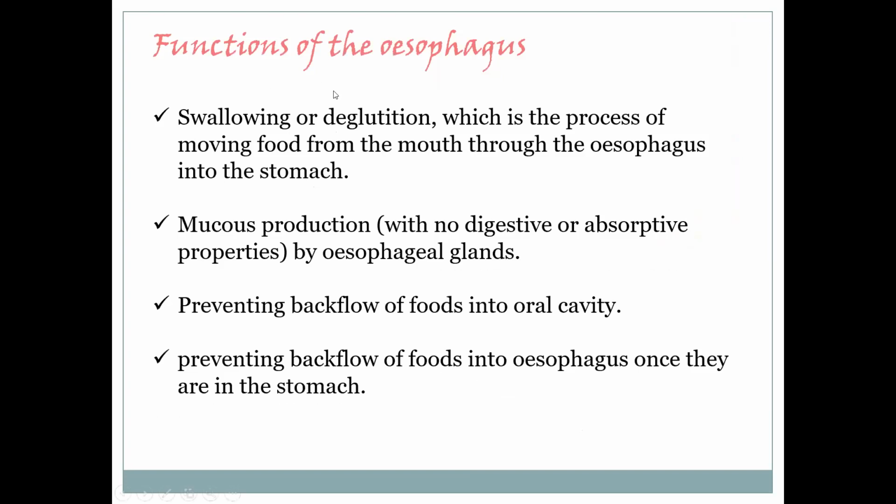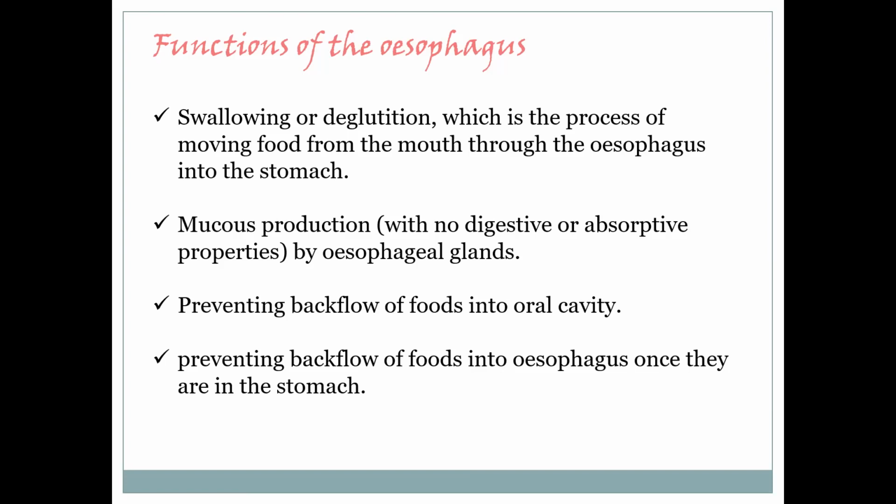So, when we talk about the functions of the esophagus, it is the major organ which helps us with swallowing or deglutition. Swallowing is the process of moving food from mouth to the stomach. So, the food bolus moves from the mouth through the esophagus into the stomach.